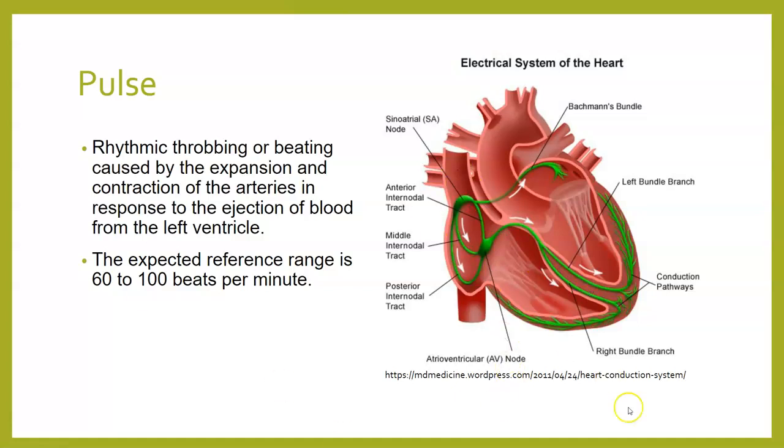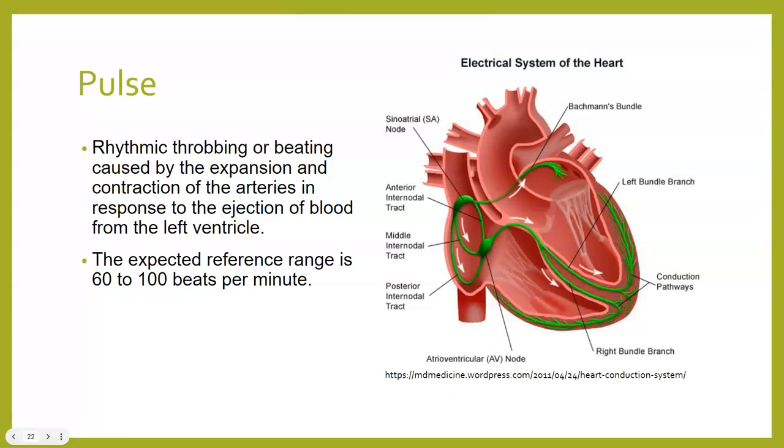So here this just shows the electrical system of the heart. You don't have to memorize all this right now, but just know that this is your SA node right here. That is your intrinsic pacemaker, the natural pacemaker of your heart. And then it conducts to the rest of the heart to let it know when it needs to contract.